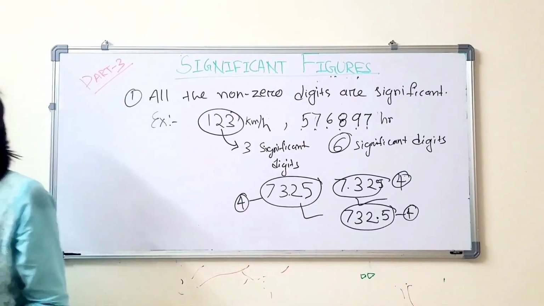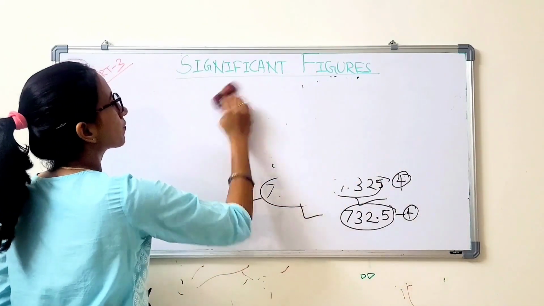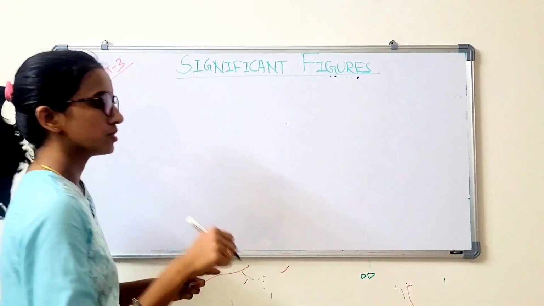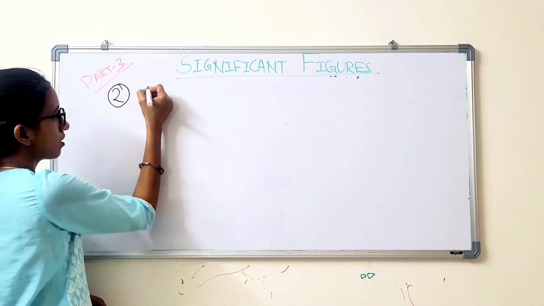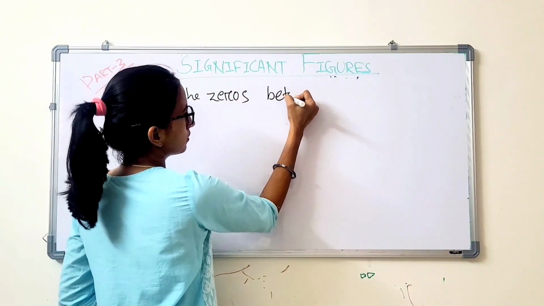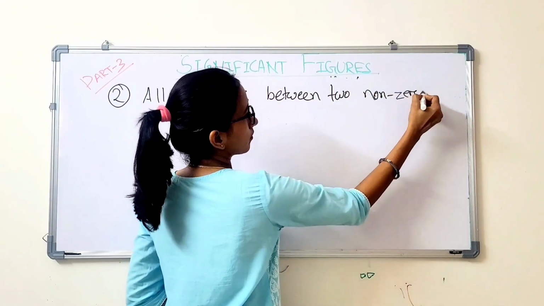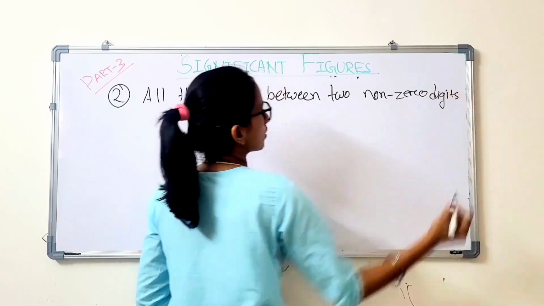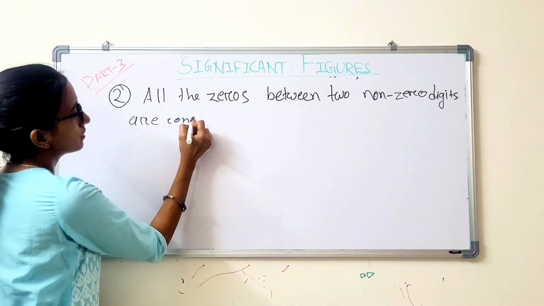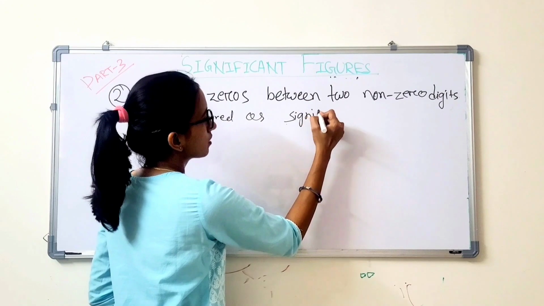Second rule says, all the zeros between two non-zero digits are considered as significant.